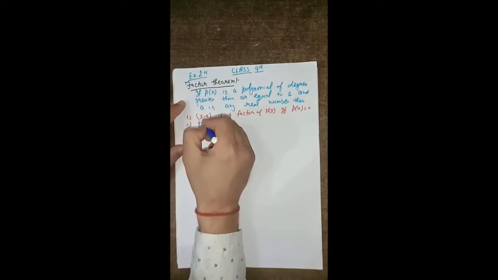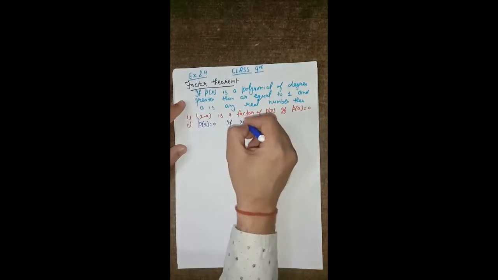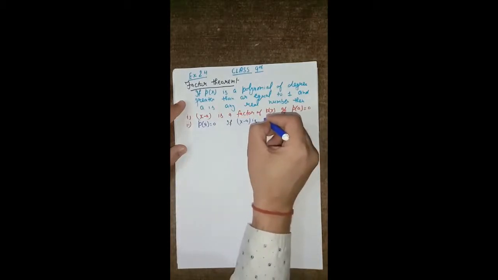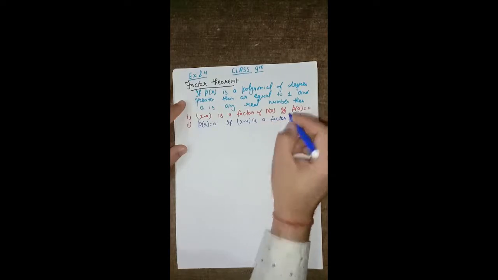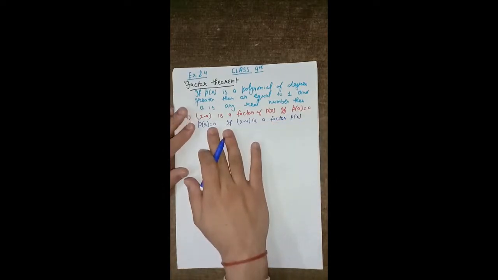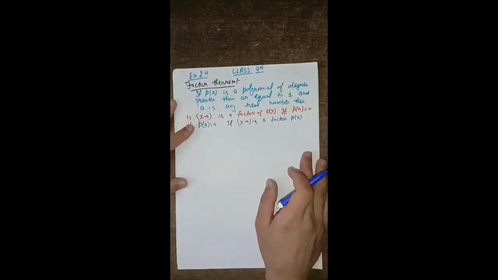And its second statement is: p(a) equals 0 if x minus a is a factor of p(x). That means if x minus a is a factor, then p(a) is 0, or if p(a) is 0, then x minus a is a factor.